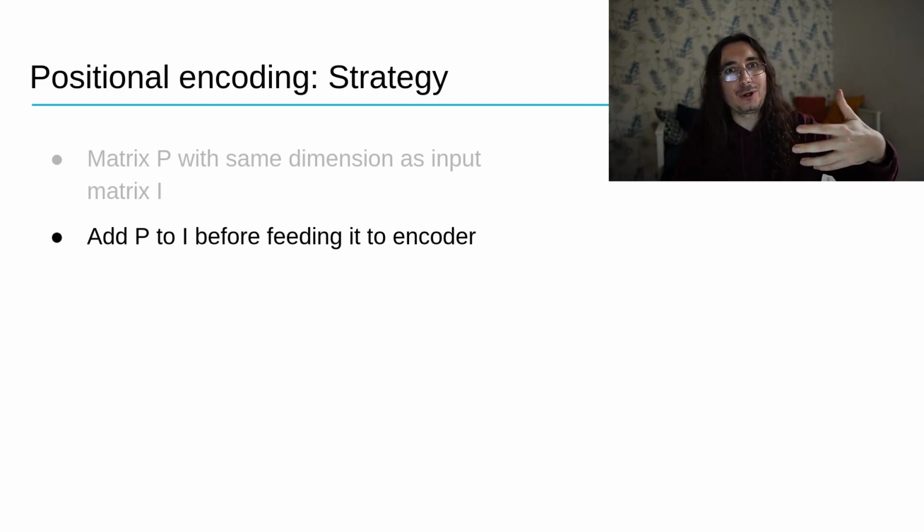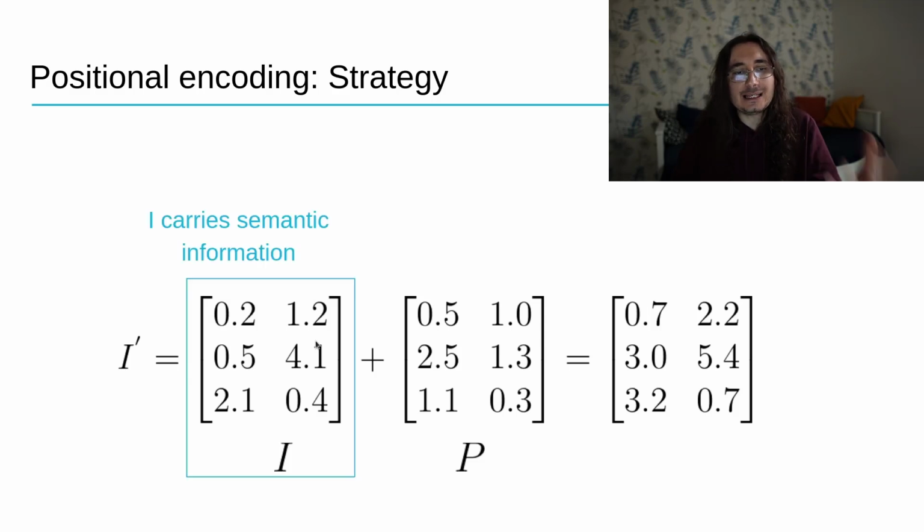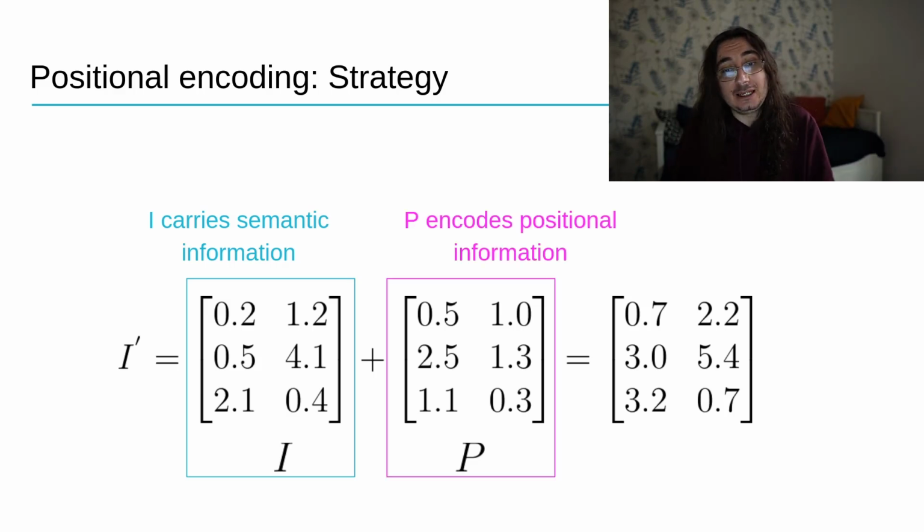And then we're going to feed the sum of these two matrices to the encoder. Let me give you an example here. So here we have I, the input embedding matrix, and this one carries semantic information. Of course, it carries all the information about the words in the sequence, but it doesn't know anything about order. And here we have P.